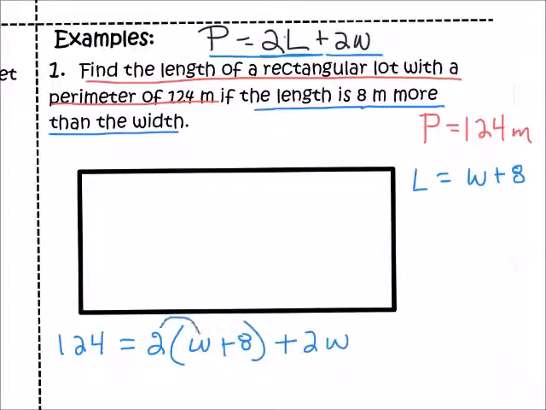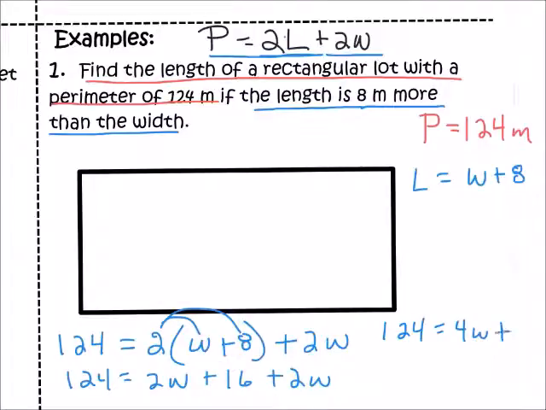Now we can use the distributive property, and we have 124 equals 2W plus 16 plus 2W. Continuing on, we can rewrite this as 124 equals 4W plus 16. We get that from combining our like terms.